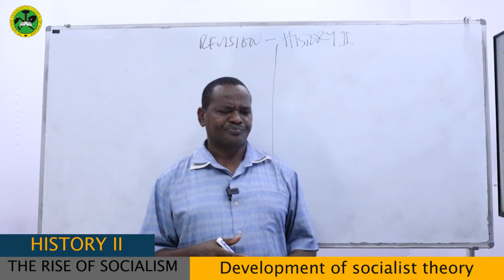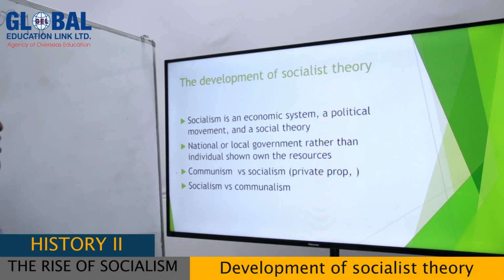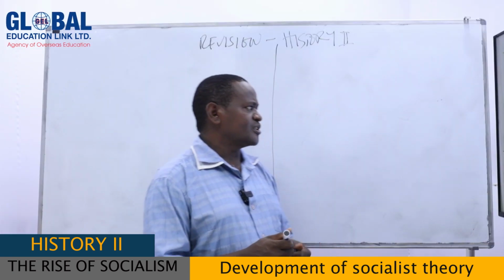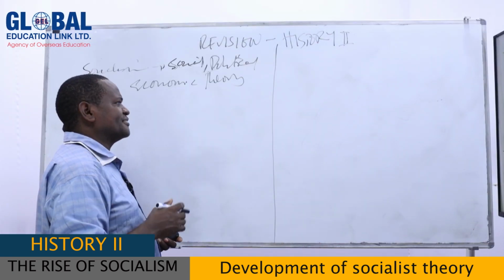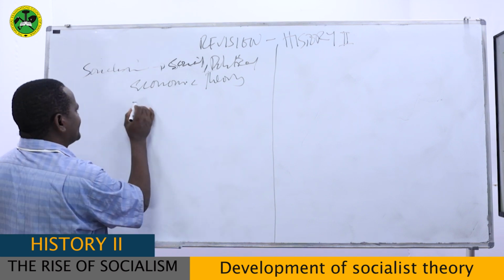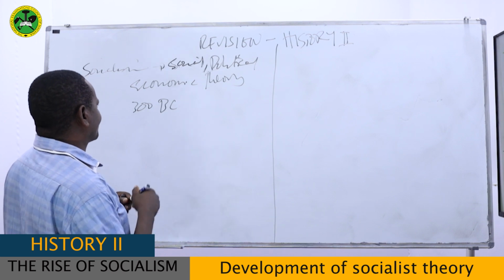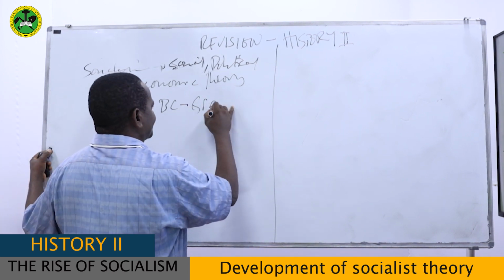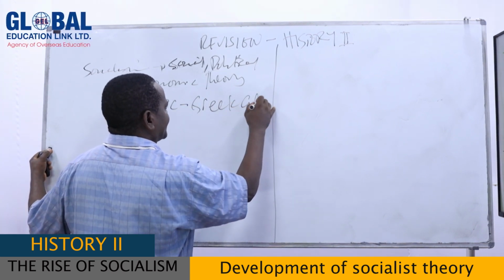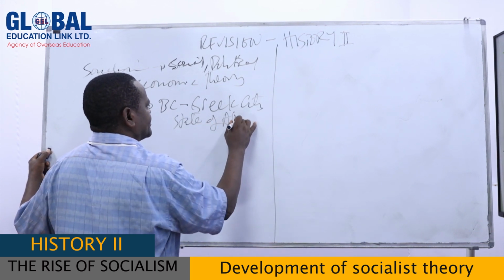My dear students, let's now start with development of socialist theory in the world. First of all, let's understand the meaning of socialism. The idea of socialism can be traced to 300 years before Christ, from the Greek city-state of Athens.